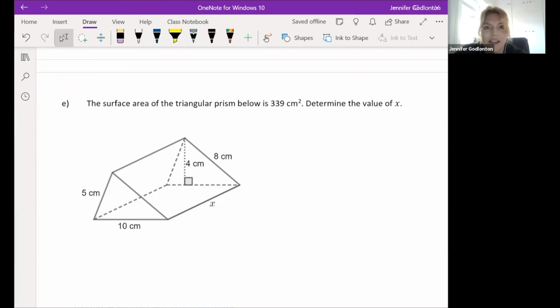The surface area of the triangular prism below is 339 centimeters squared. Determine the value of x. Well, it wouldn't be a lesson with me if I didn't give you at least one spicy question.